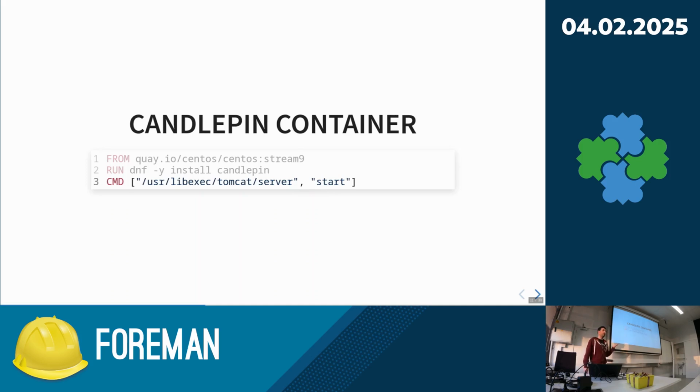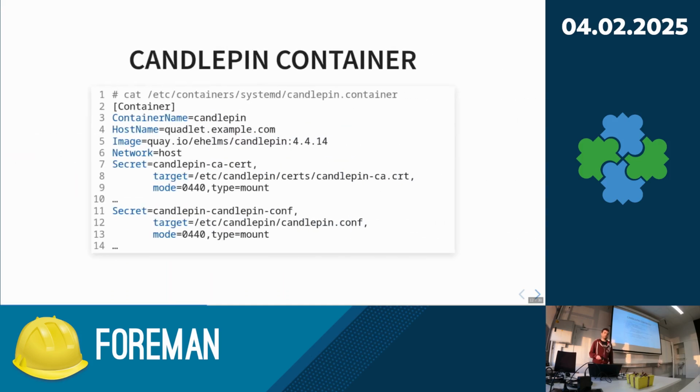But this is a container definition that doesn't give me a service running on my machine, right? I need to get from here to the service. So let's assume I go and build that, tag that, and push that to a registry, or have it locally. Then, in our testing we're using CentOS Stream 9, but it can be any modern system with Podman 5, we define a Candlepin container for Podman.